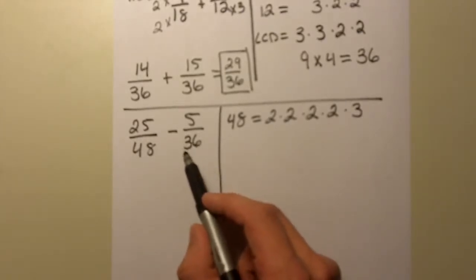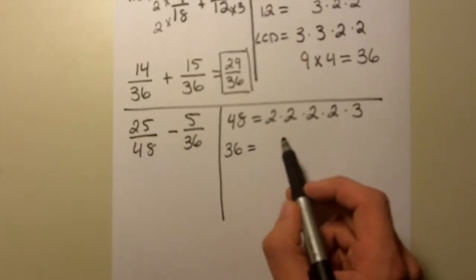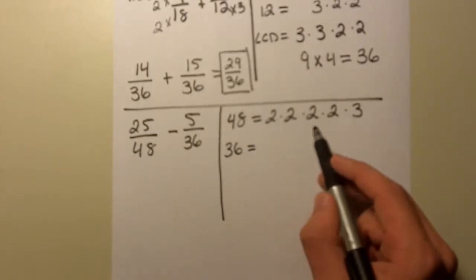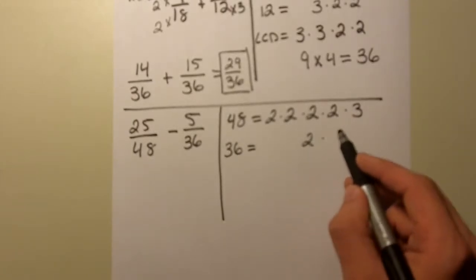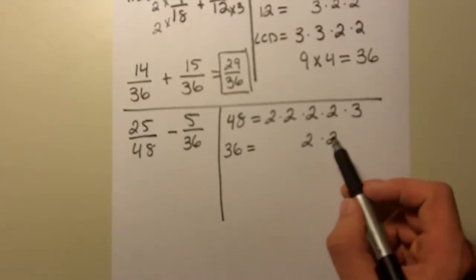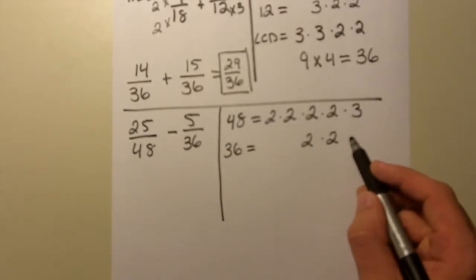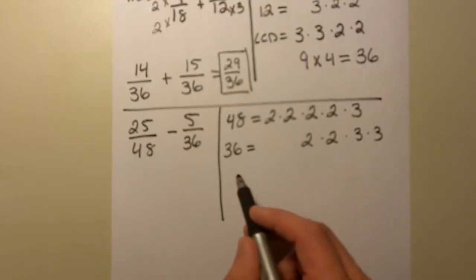Okay, and we can do 36 here as well. So 36, we know 2 times 2, so we know that 2 is going to go into it. We also know another 2 is going to go into it, right? It's 2 times 2 is 4, and then 4 times 9 is 36.